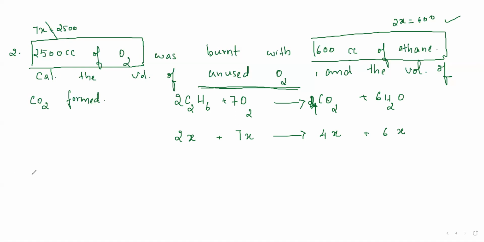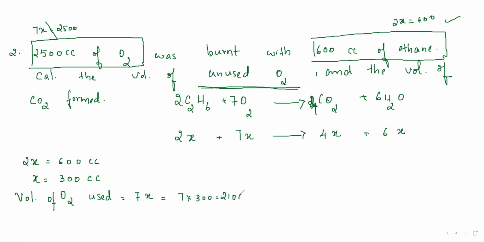We decided that 2x is equal to 600 cc, x is equal to 300 cc. Then, to calculate the unused oxygen, we need to know volume of oxygen used is equal to 7x. 7 into 300, that is 2,100 centimeter cube.